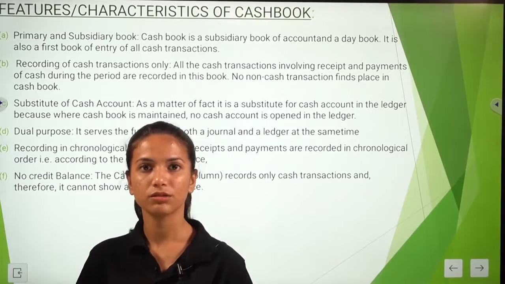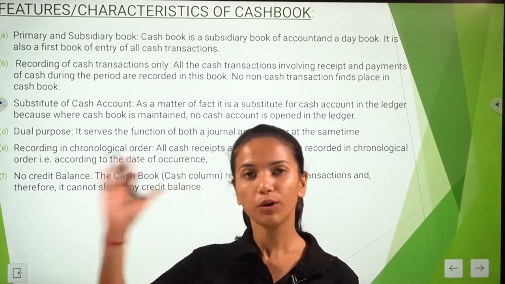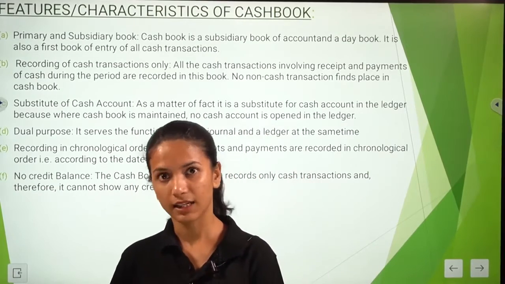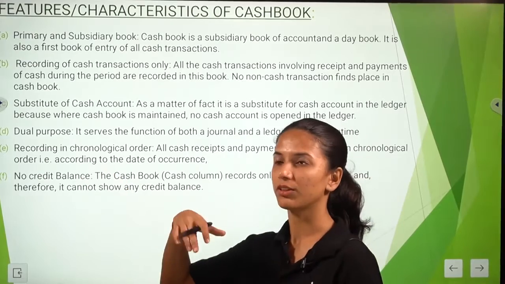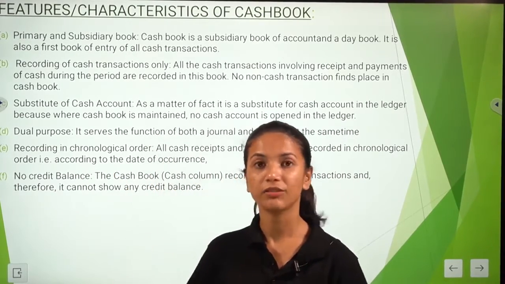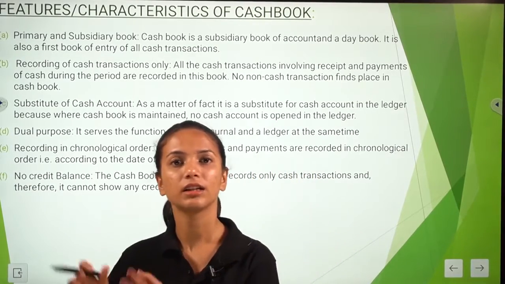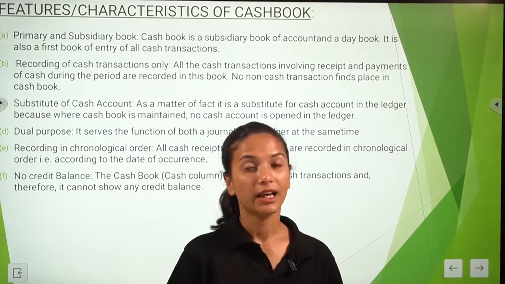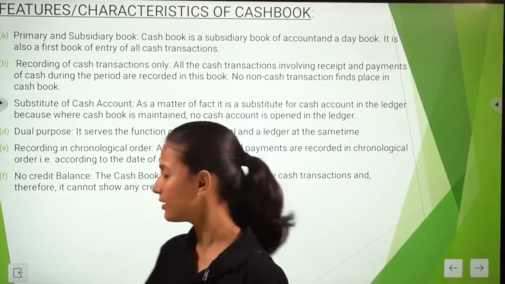If you have 10,000, you can't pay 11,000 to anyone, because it is impossible if we think logically, right? Yes, you can say you can borrow 1,000 from a friend and you can pay 11,000. That is another thing. But if we are talking about cash book, then if on the debit side it is 10,000 and on the credit side you are saying that 11,000 is there, then no, it is not possible, right?